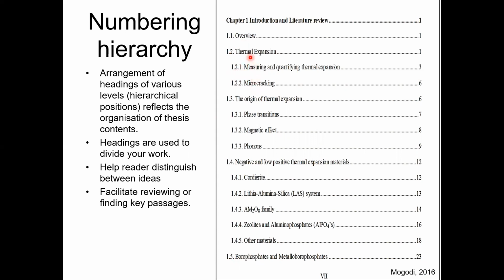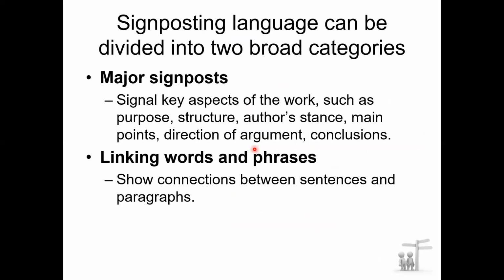These fit under that heading. These fit under that heading, and so on. So the 1.2, 1.3, 1.4, and 1.5 are all the main subdivisions of your chapter, and each of them has equal status as far as importance is concerned with the subheadings below. So remember, numbering hierarchy is one of the signposts you need to know and to put into place.